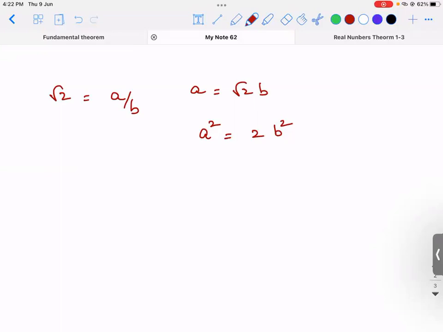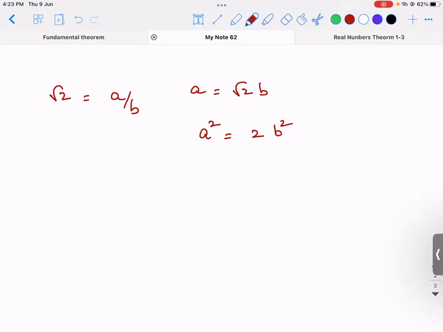Then you cannot say A and B are co-primes. That's what you say. But where did you take that idea from? If the number is a square, then the square will have pairs of factors. So if I know one factor, which is a prime number, I know that it is there in both. Can you give me an example?